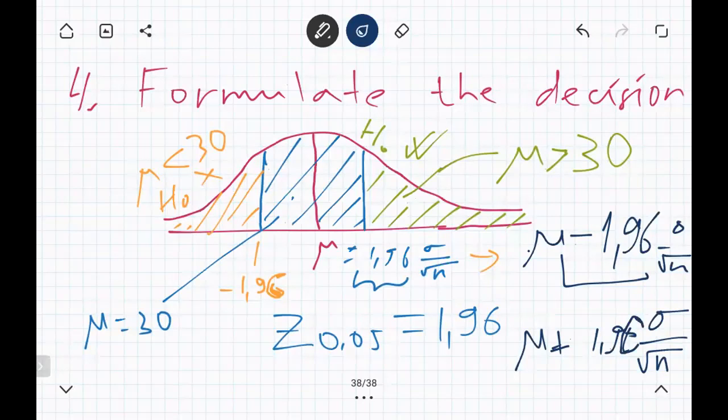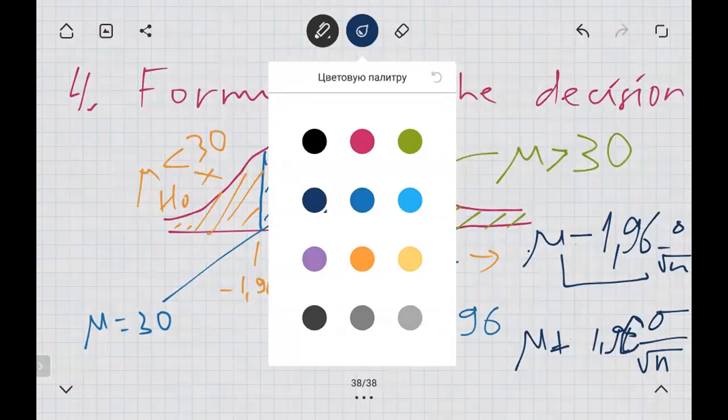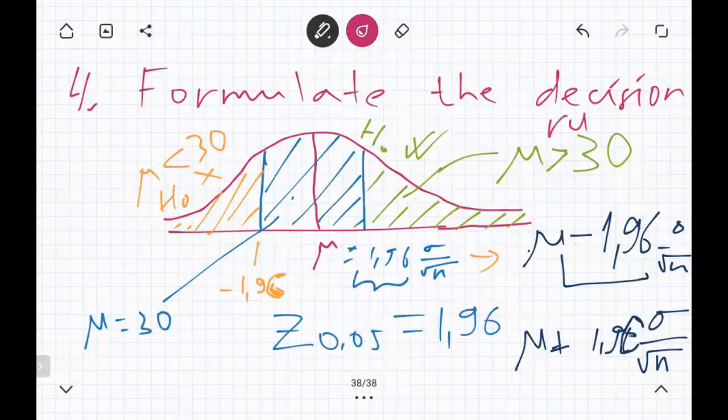And our rule is reject the hypothesis if z is less than boundary, and not reject it if it's more than boundary. We formulated our decision rule.